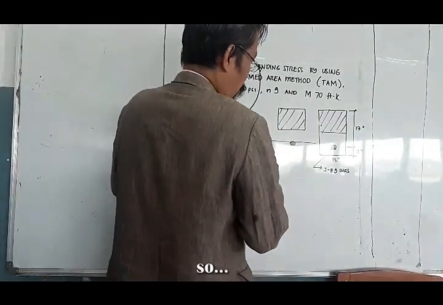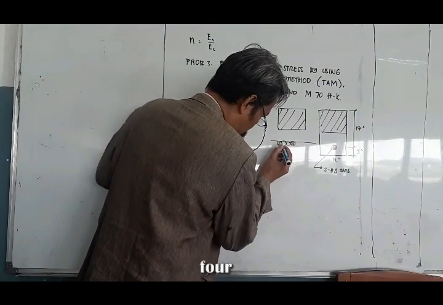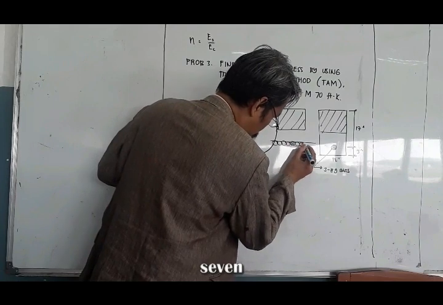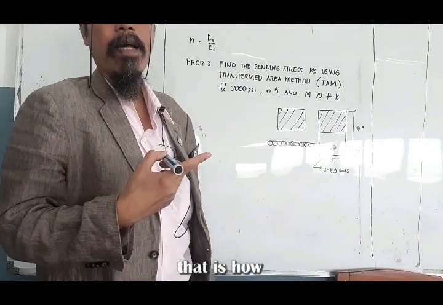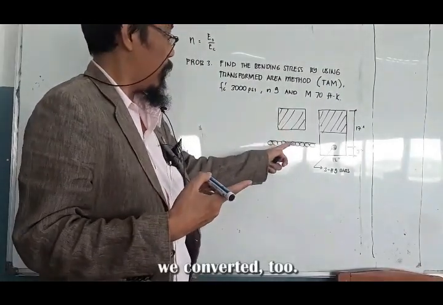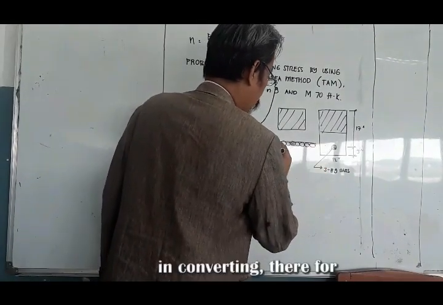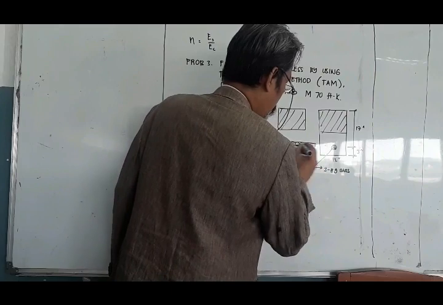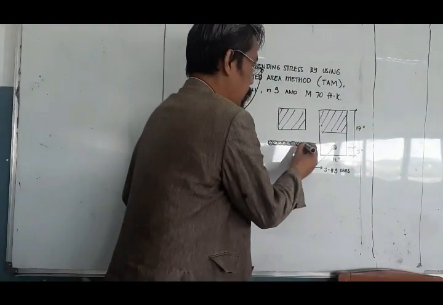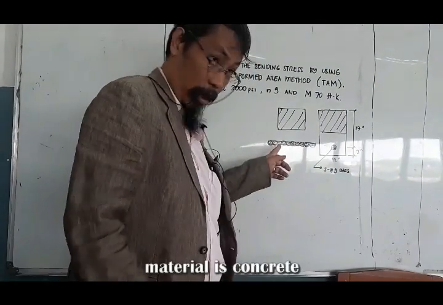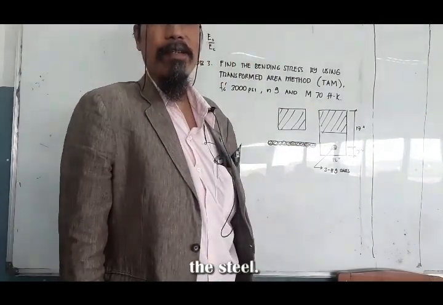So this small area times 10 is the actual area. That is times 10: 1, 2, 3, 4, 5, 6, 7, 8, 9. About times 10, that is how we converted. In converting, this whole material is concrete, but with the same strength as the steel.